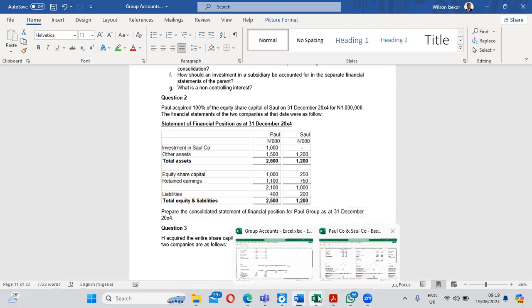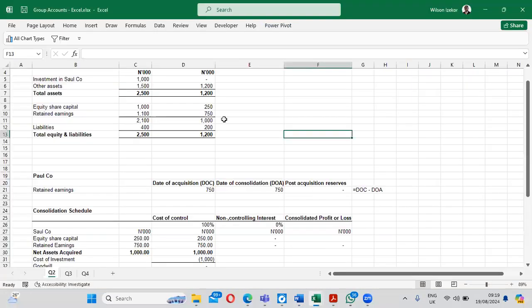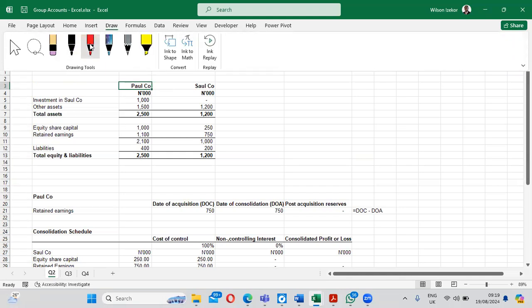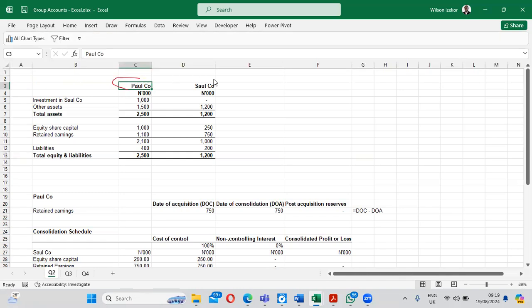If I go to the solution here, you can see that here we have the financial statements of the two entities. This is for Paul, and this is for Sol.